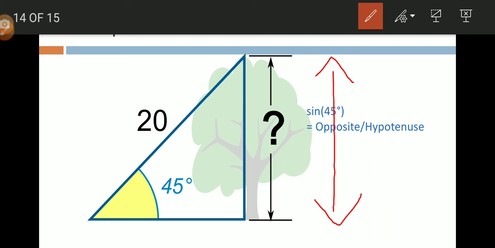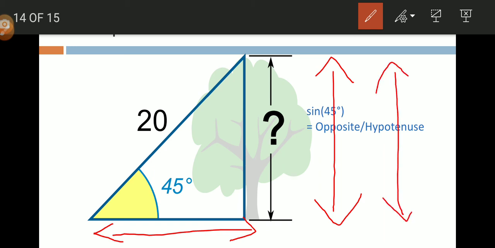Let us assume the base is known. Remember, it's always easier to find the distance on the ground than to find the distance vertically, that is the height. We know the ground distance and the angle, 45 degrees.